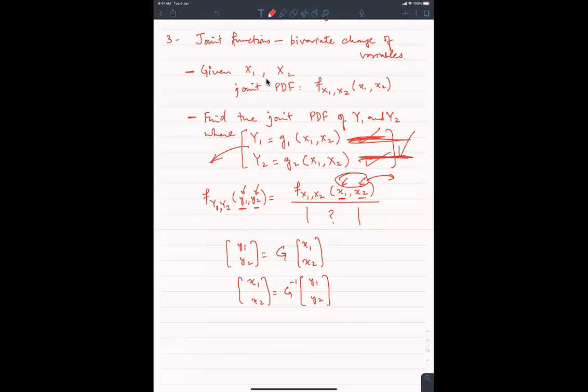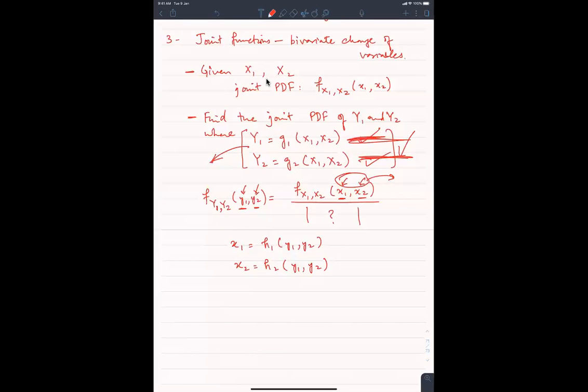And I write that as x1 equal to some function h1 of y1, y2. वो h1 हमें find out करना होगा जो inverse function होगा. And x2 will be equal to h2 of y1 and y2. How do you find h1 and h2?